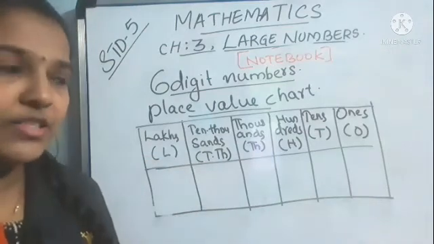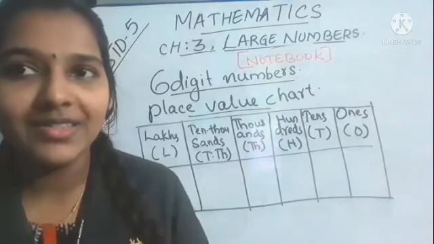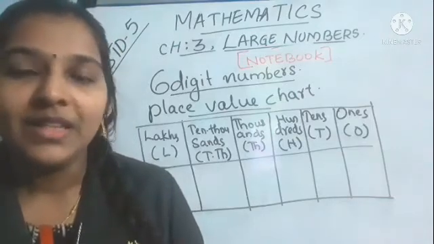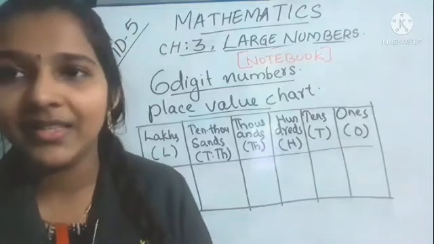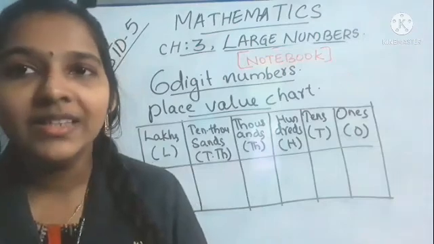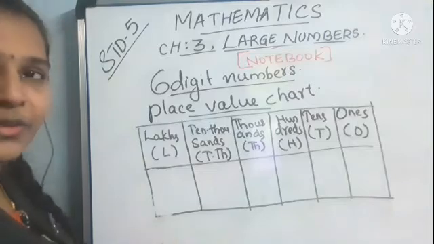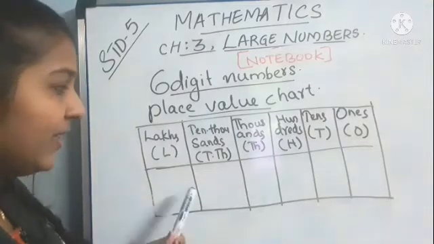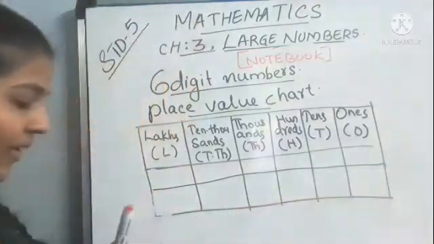Okay, children. So, do you know which is the largest 6-digit number? That is 9,99,999. Okay, and the smallest 6-digit number is, yes, 1 lakh. Okay, so let's write those two numbers on this place value chart. The smallest 6-digit number is 1 lakh.